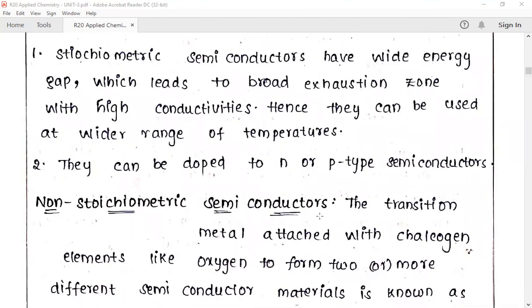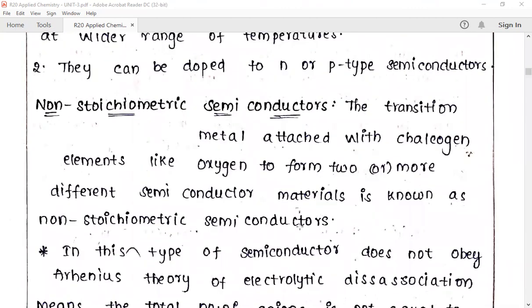Coming to the non-stoichiometric semiconductors, this type of semiconductor possesses vacancies in its structure and has non-stoichiometric compositions. They also behave like N-type or P-type semiconductors.